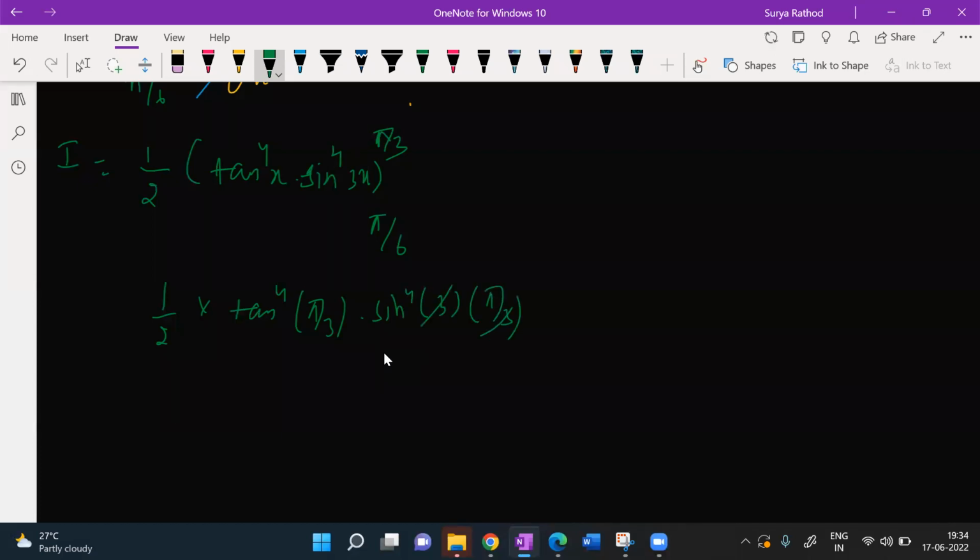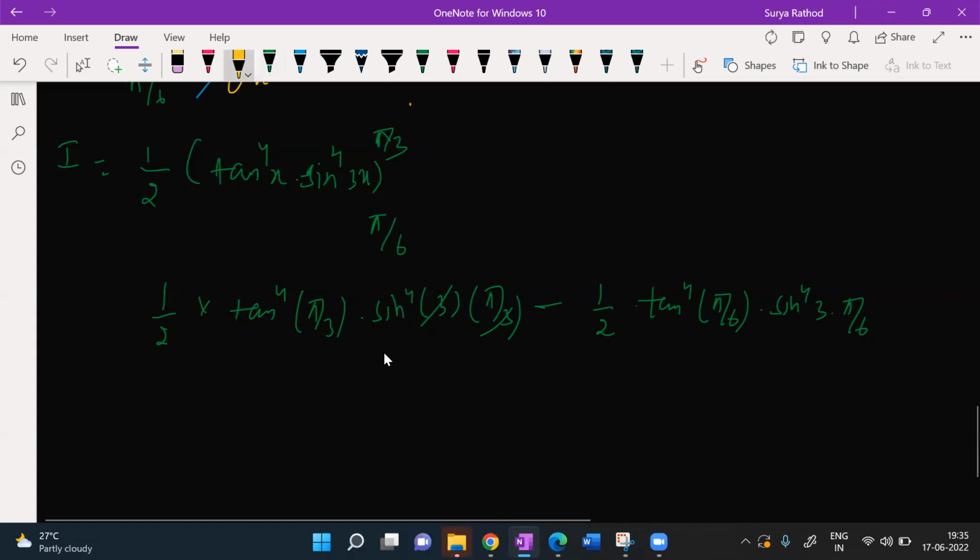So this will be 0, beta. Why? Because sine pi is what? 0. 0 into something is 0 only. Minus 1 by 2 times of tan to the power of 4 pi by 6 into sine to the power of 4 of 3 into pi by 6.